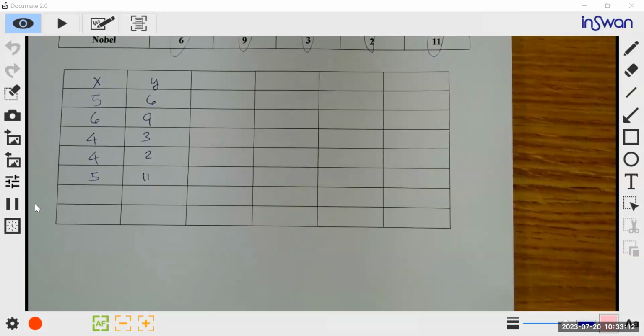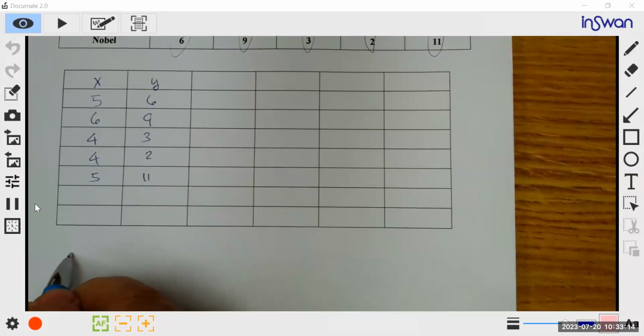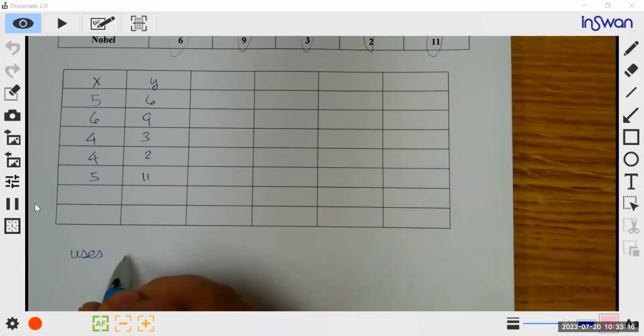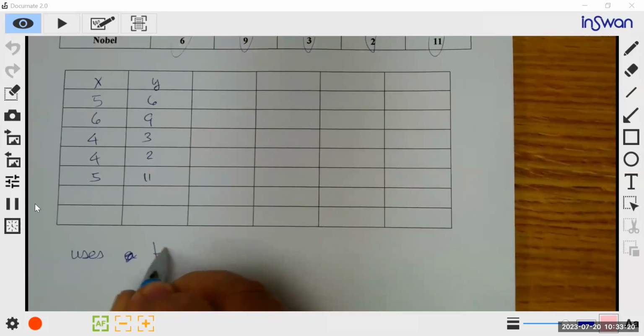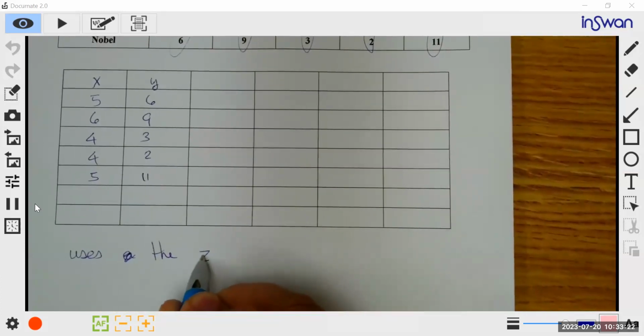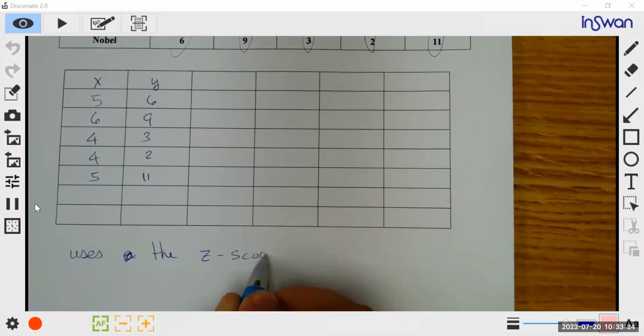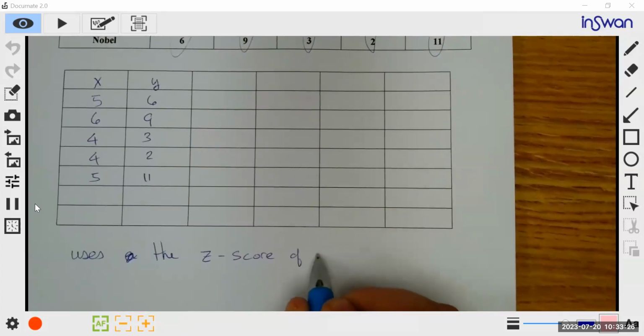The second method uses the z-score of the data.